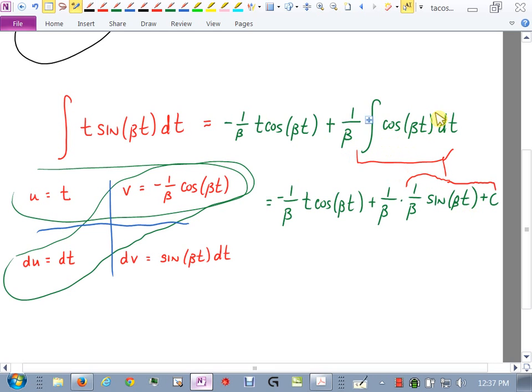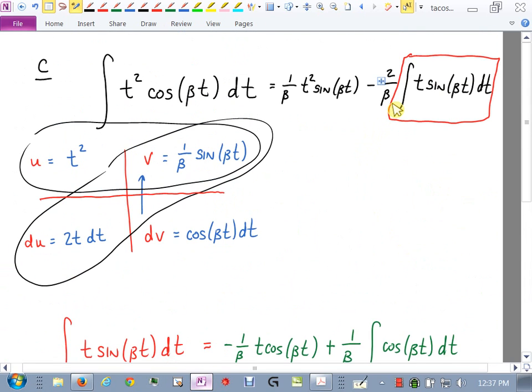Right, the antiderivative of just this part right here became this 1 over beta sine beta t plus c. Now I've got to take that and put it all together back with this answer.